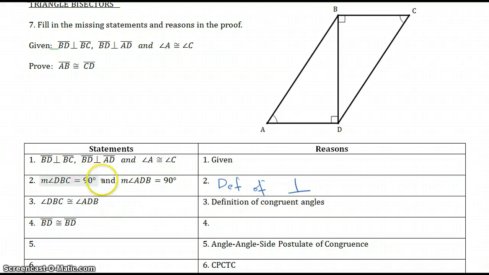That's why they had to say they're both 90 degrees, because the definition of congruent angles is they have the same measure. Then we say that segment BD is congruent to segment BD. That is the reflexive property. Just like BD looking at itself in the mirror and seeing its reflection. So now we can say that BD is congruent to itself.